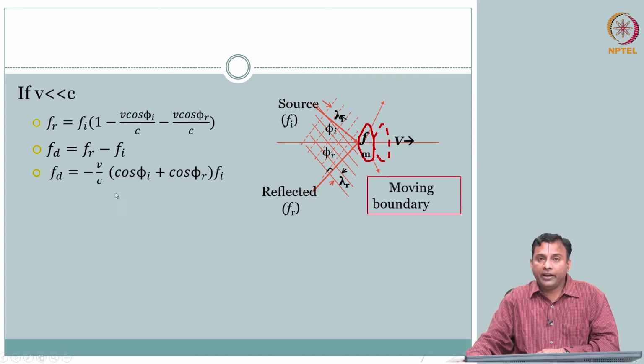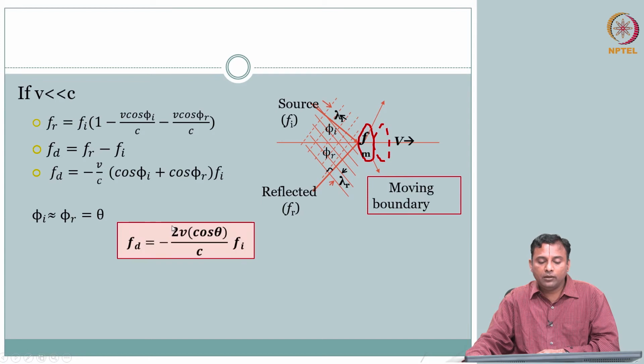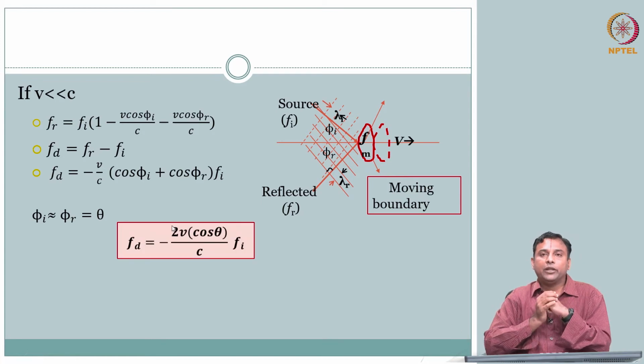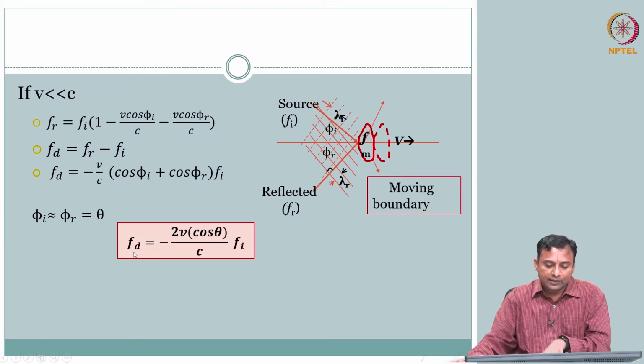Okay, very interesting situation. Now what we will do is pretend phi I is equal to phi R. If that is the case, let them be equal to some theta. Phi I is approximately equal to phi R, equal to theta. If you do that, you get this equation. What is this saying? This is saying the Doppler shift is proportional to V. That is what we started out with, right?